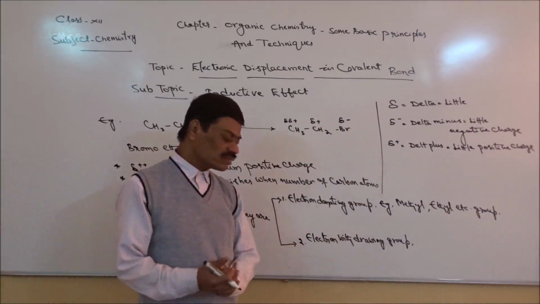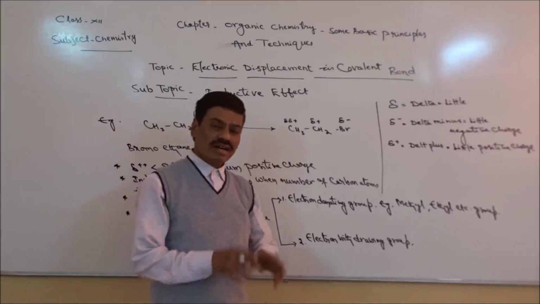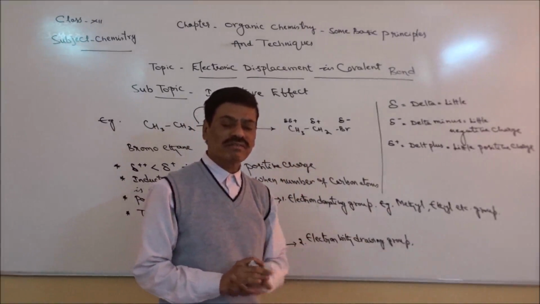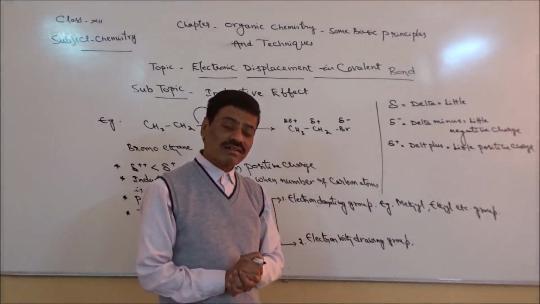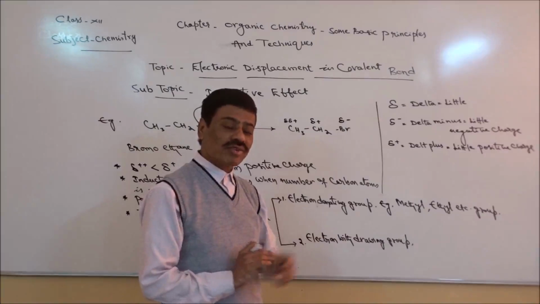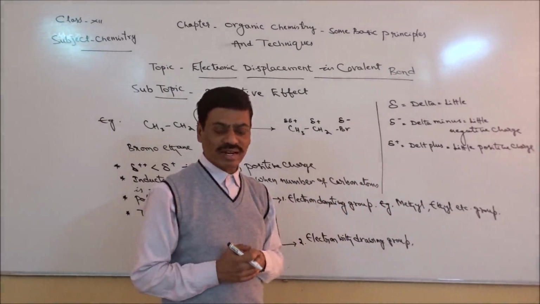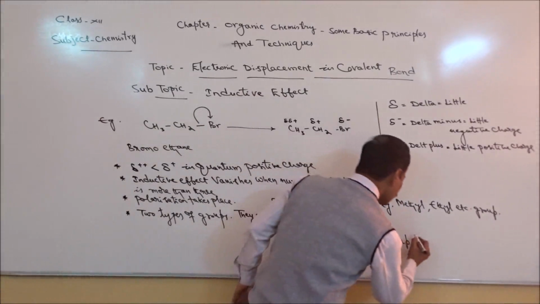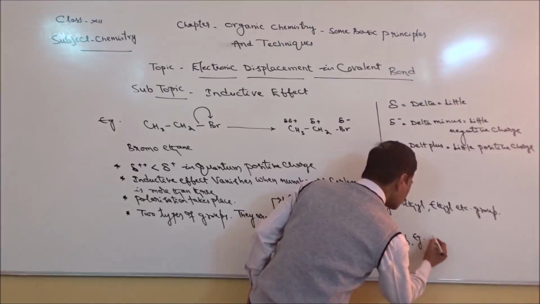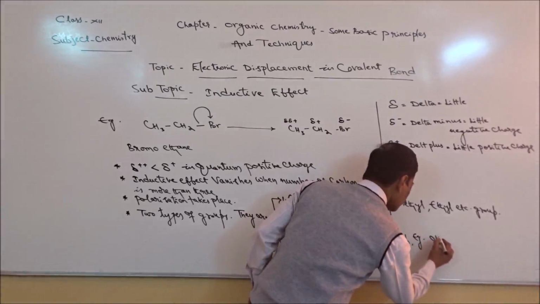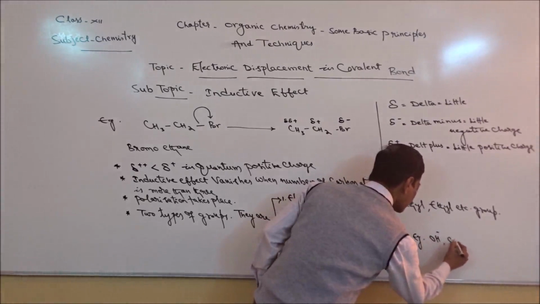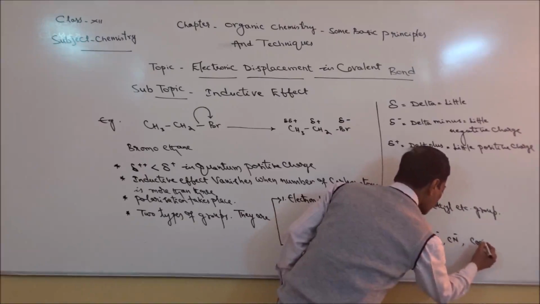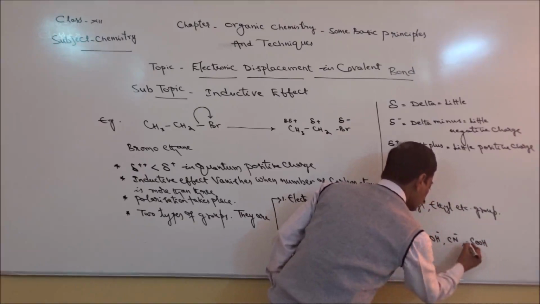Electron withdrawing groups means electrons are to be taken. They should not be given. Electrons should be taken from those groups which are able to give the electrons. Best examples for electron withdrawing groups are OH minus, Cl minus, COOH group.